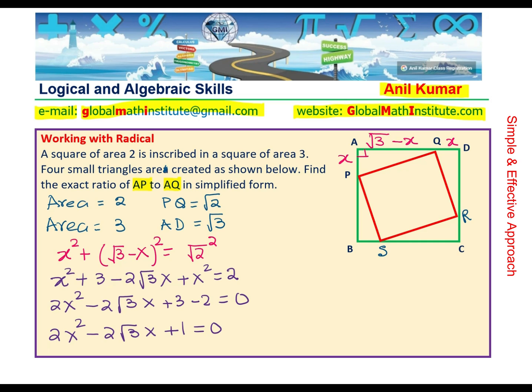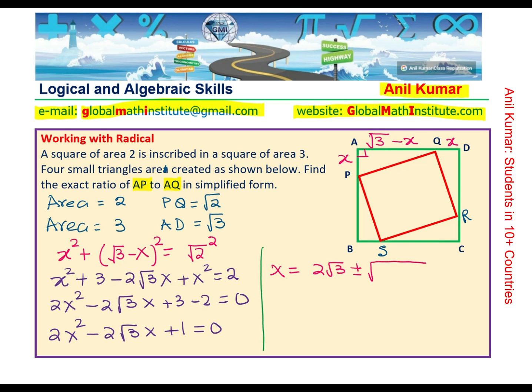Now we can apply the quadratic formula. So we get the value of x as what? x will be equal to minus b, which is 2 square root 3, plus or minus square root of b square. So the square of this will be 4 times 3, 12, minus 4ac, 4 times 2, 8, over 2 times a, which means 4, correct?